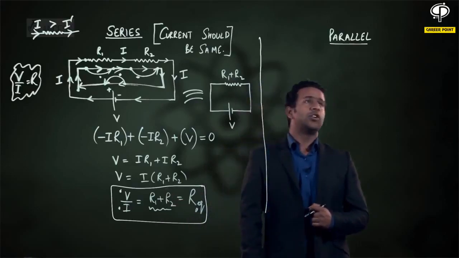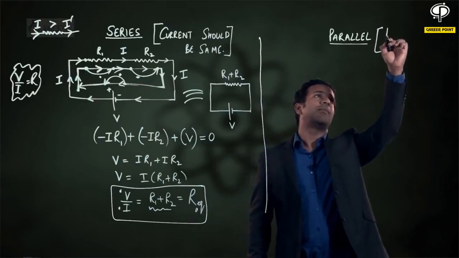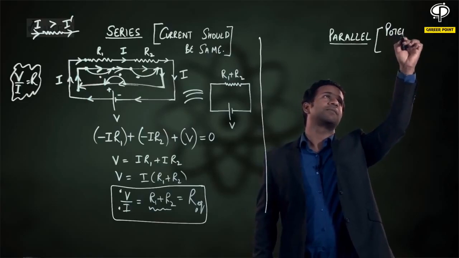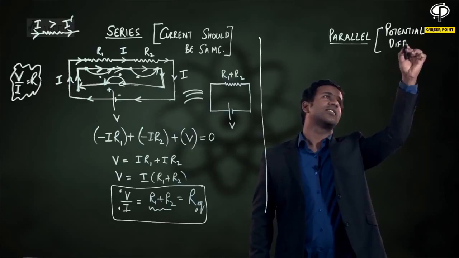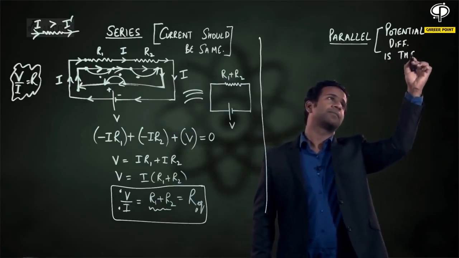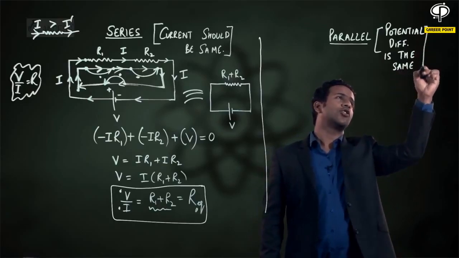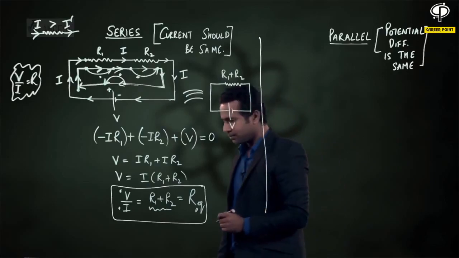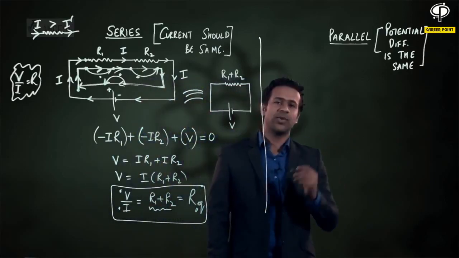Now, two resistances are said to be in parallel if the potential difference across them is the same. So potential difference should be the same. Right. So when can we see such a situation?